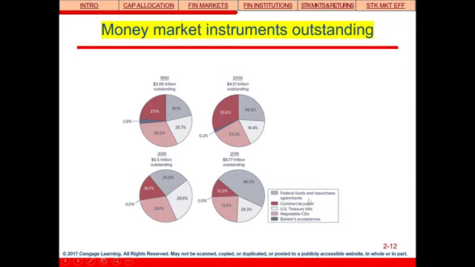Federal funds are the money lending between financial institutions, like from Wells Fargo Bank to Bank of America. Those big banks usually lend to and borrow from each other, and in most cases it's a very short maturity loan, like overnight. They borrow today and pay it back tomorrow. It's mainly for liquidity reasons.